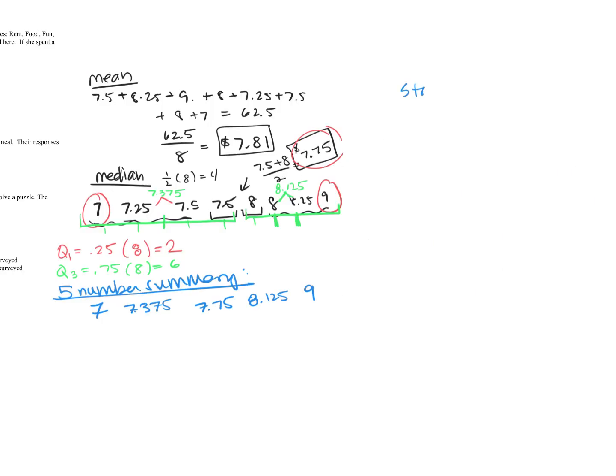And last, to find the standard deviation, we need to find out how each piece deviates from that mean that we have. And so we're going to take each data point, so 7 minus 7.81, 7.25 minus 7.81, and continue on for each data point.